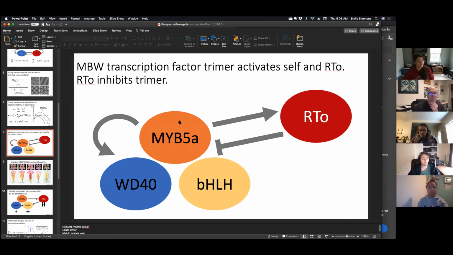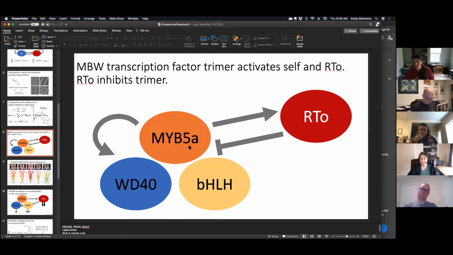So if we're talking about the MYB, we might be talking about this piece of the trimer, but more likely we're talking about the trimer in total. This MBW transcription factor is the whole thing.